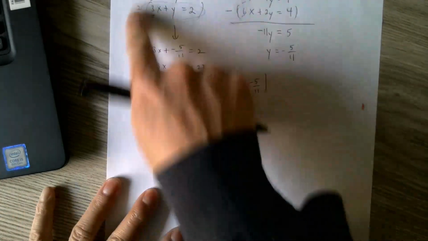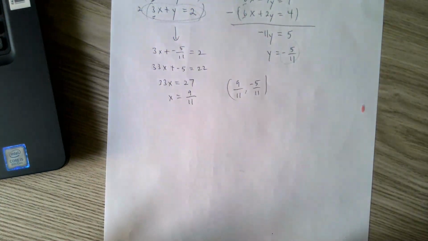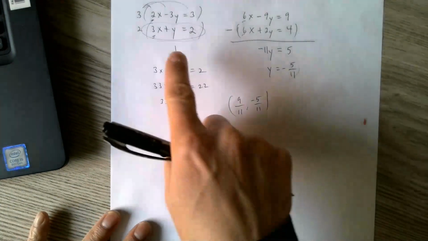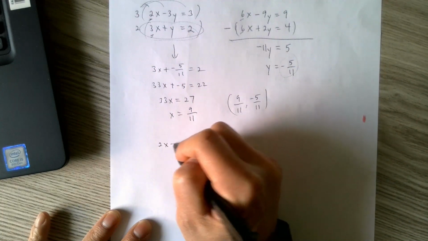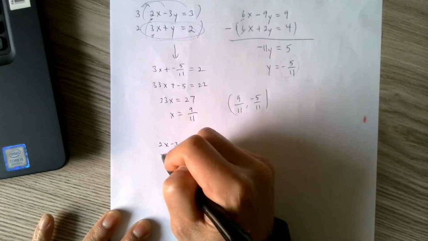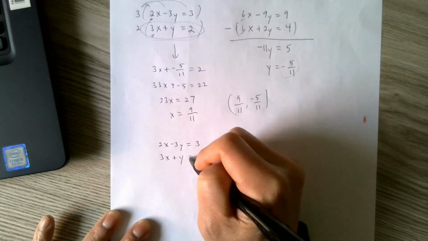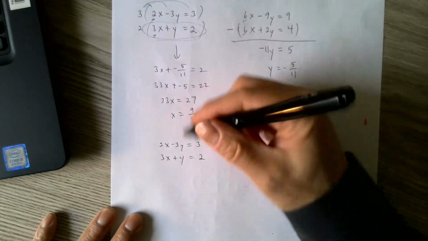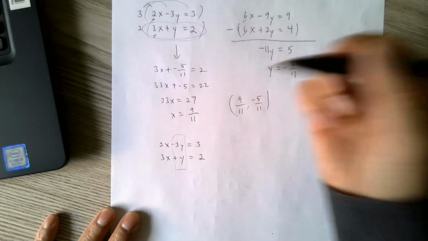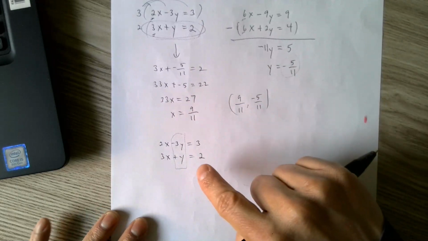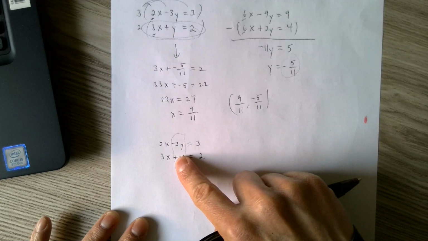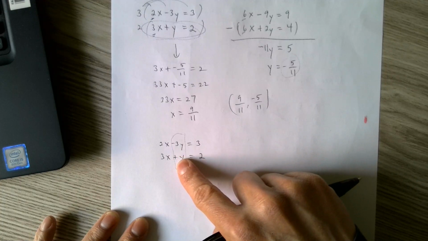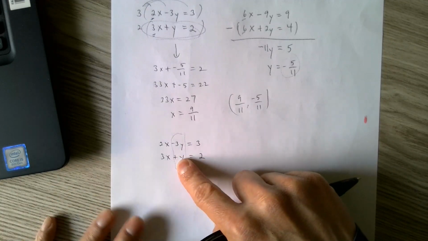Now, could I have solved this by eliminating y instead of x? Yes, I could have. So if I want to eliminate y, I look for the least common multiple of this coefficient, negative 3, and this coefficient, 1, and it would be 3, right?